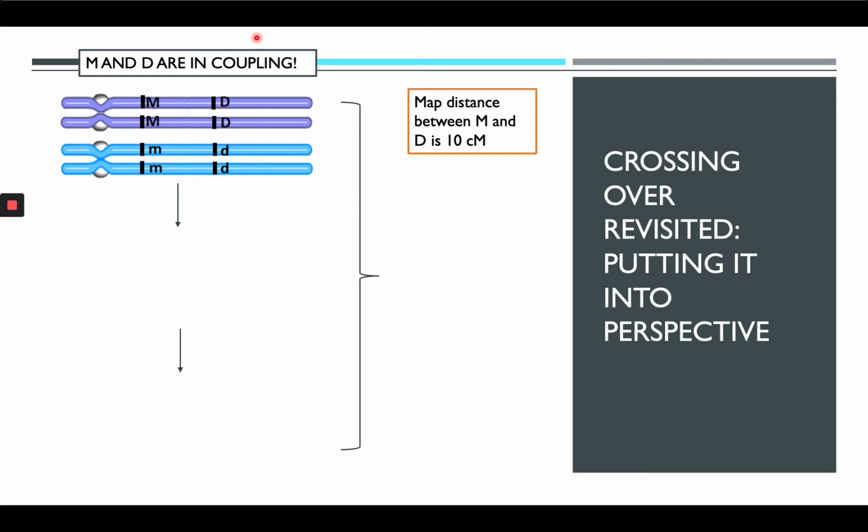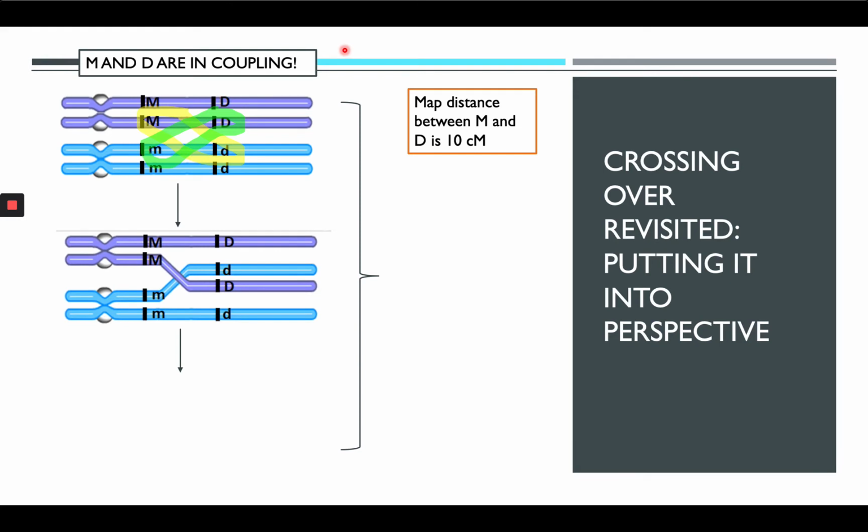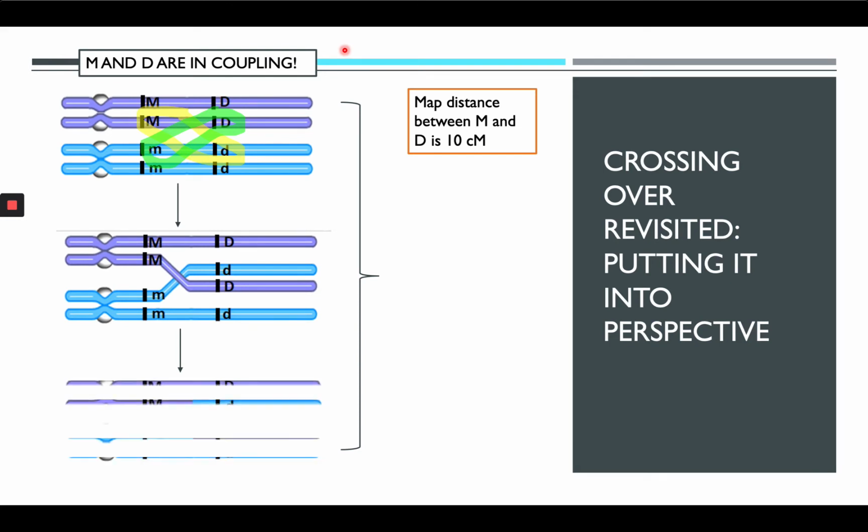Now let's determine what the recombinant gametes are. If we visualize the crossing over occurring, you can draw it out like this. This is an easy way for you to determine what your recombinant gametes are in practice questions, by drawing it out to represent the crossing over, and we'll see how we can use this in our second example later. Now this crossing over is what creates the recombinant gametes that we see as a final result of meiosis.